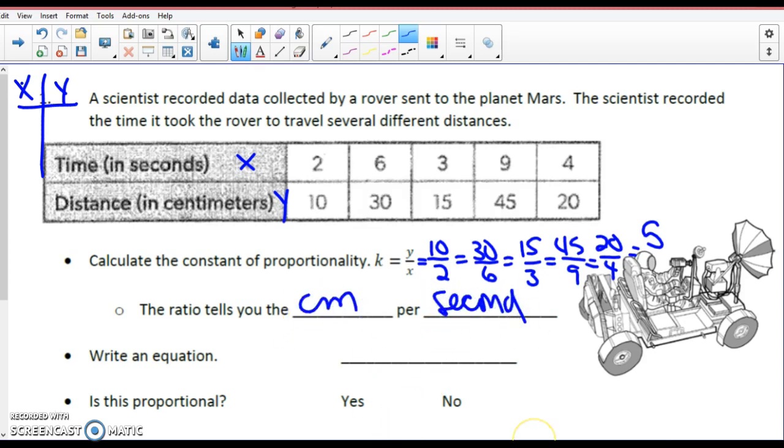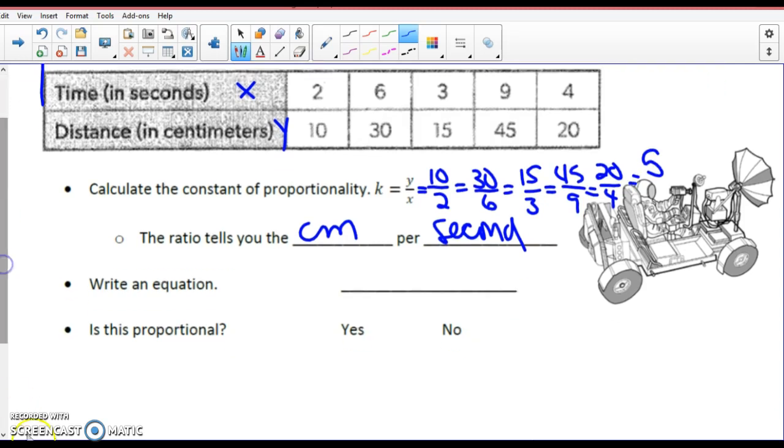Not only does y over x give us our unit rate, it also gives us our label. Because remember, a rate needs to have a label. So, it is proportional because every unit rate, constant of proportionality, rate of change is the same. Who can give me the equation for that set of data? Done. Y equals 5x done. Easy enough?